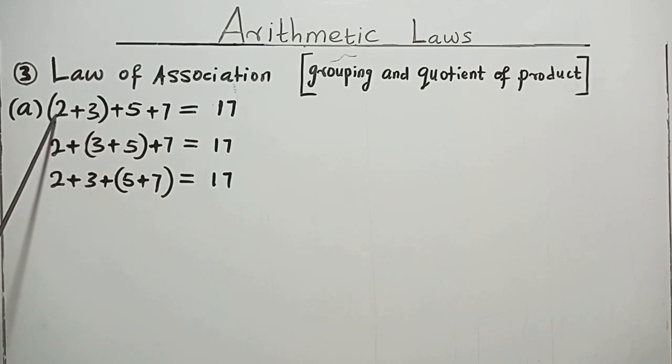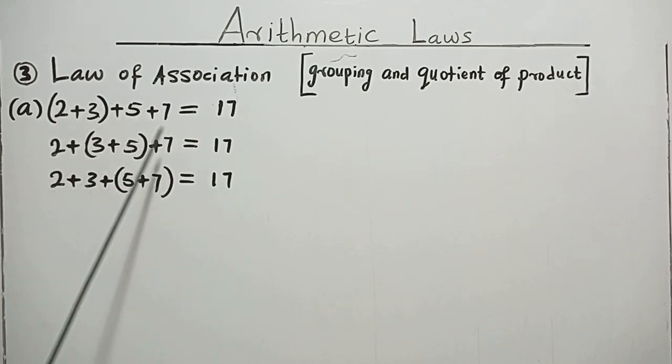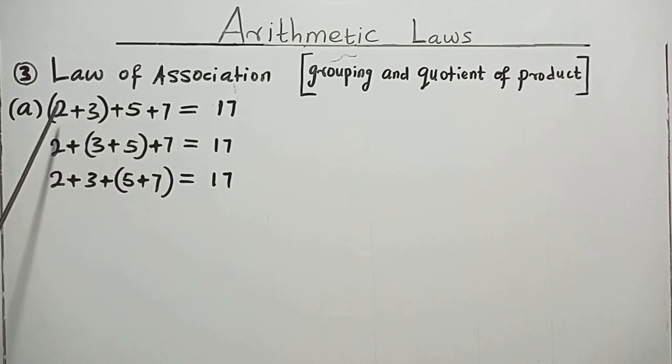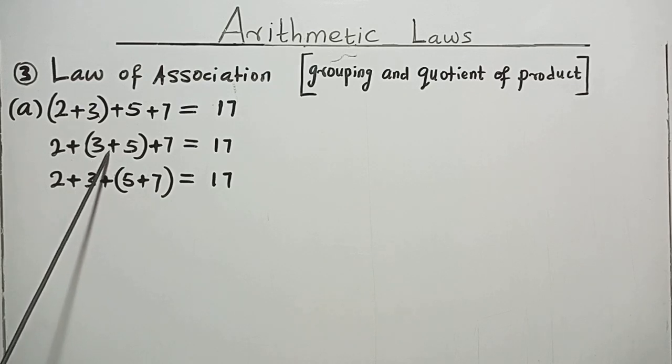Notice that this number operation and this are the same. The difference lies in the fact that in the first operation, the bracket associates the first two numbers. In this second operation, the bracket associates the next two after the first. And in this one, the bracket associates the last two numbers.